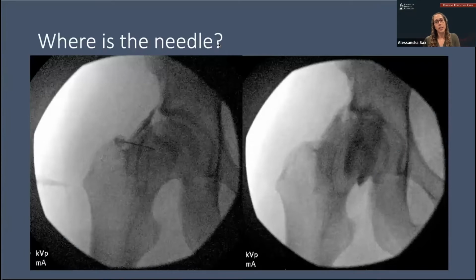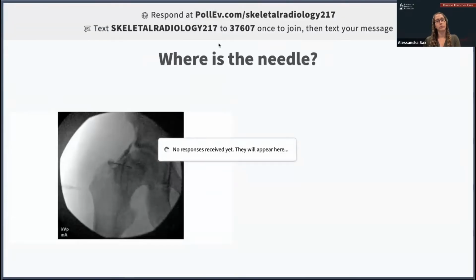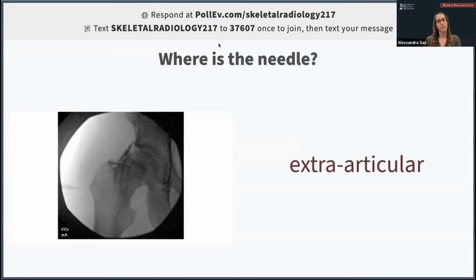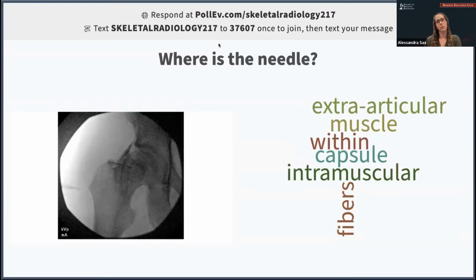So here was an attempted access into the joint. Where do you think this needle is, guys? Take a couple seconds, look at these, and then I'll switch to the Poll Everywhere slide, because the picture gets a little smaller on that slide.